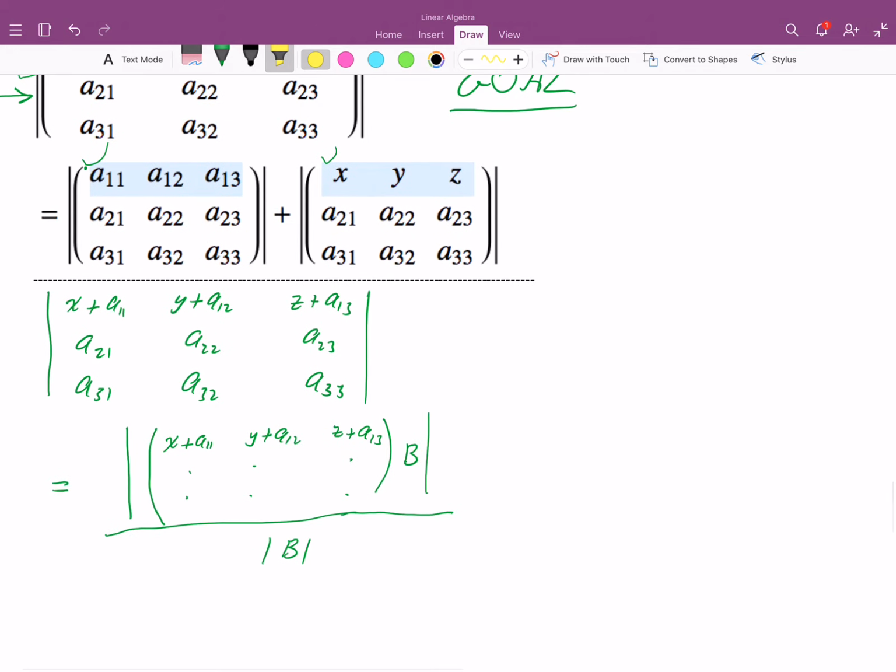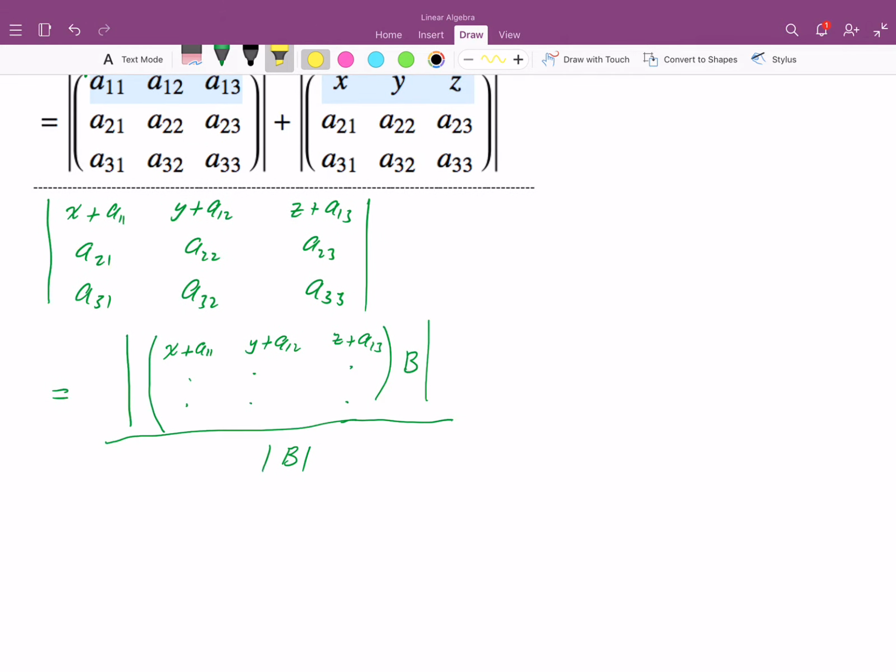Okay. Now how does it change it? Well, I'm changing the first row of A by just adding X, Y, and Z respectively to the three entries. Okay? And so the way that changes the product is we get, so let me just write this as 1 over the determinant of B. So the way that changes it is that I still get C11, but that is adjusted by some value due to the X that we have.